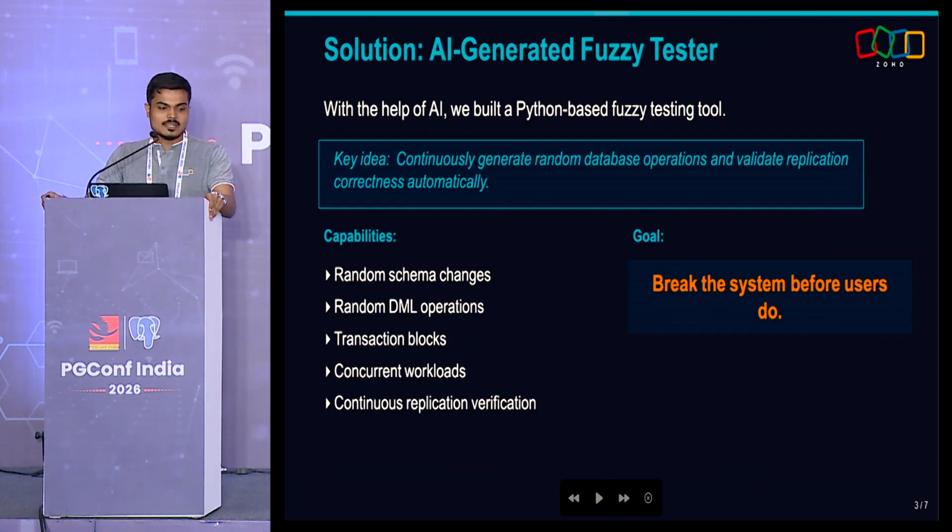It generates random schema changes and random DML changes, handles transaction blocks and concurrent workloads, and does continuous replication verification at the same time. The goal was simple: to break the system before your actual users do.